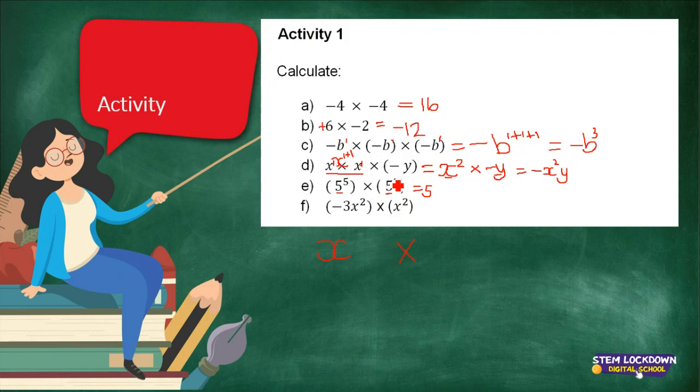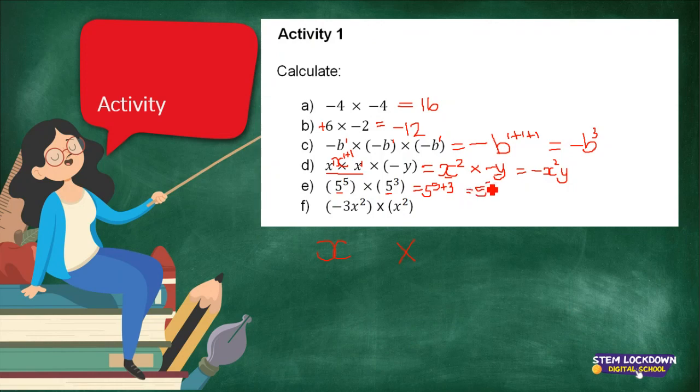Very good. You add your exponents, so it will be 5 to the power 5 plus 3. So this is the same as saying 5 to the power of 5 plus 3. What is 5 plus 3? 8.